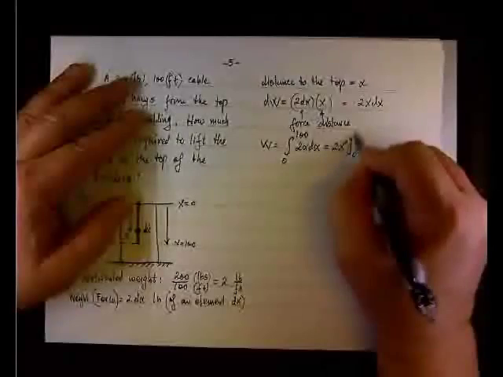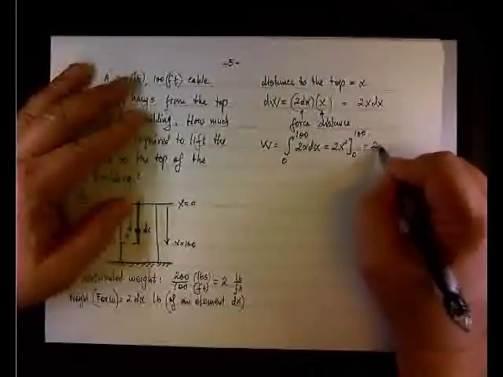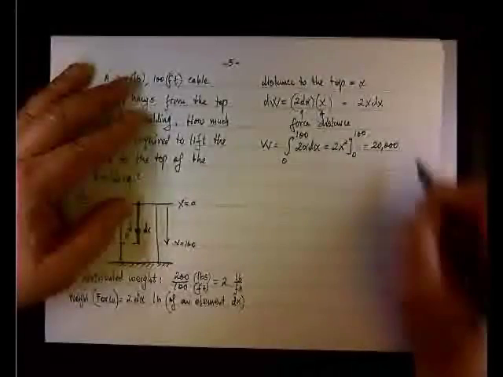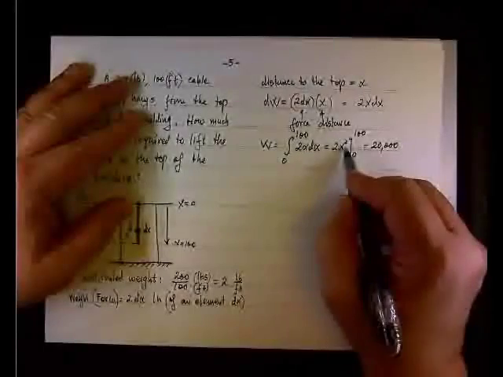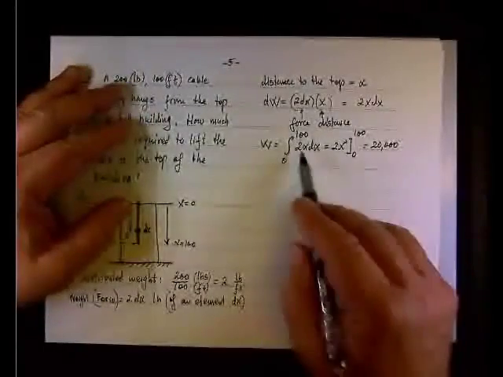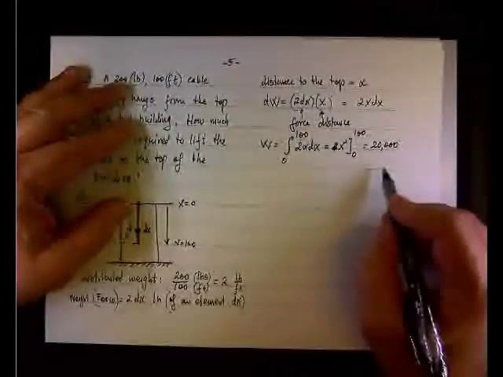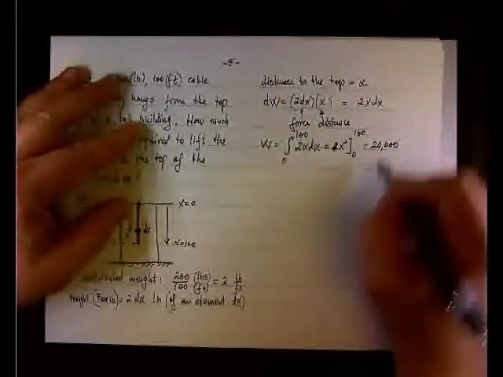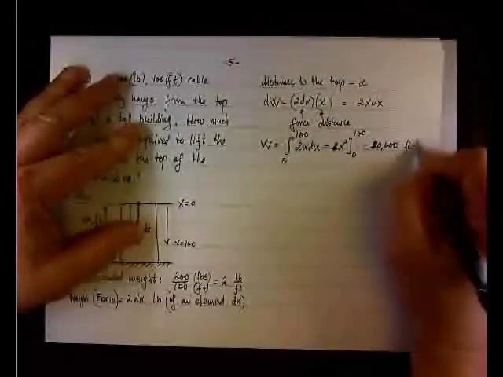Evaluated from 0 to 100, where 100 squared is 10,000, so we're looking at 20,000. 2x squared, just x squared, right? That's what you're yelling at me? Yeah, you're right. So it's 10,000 foot-pounds.